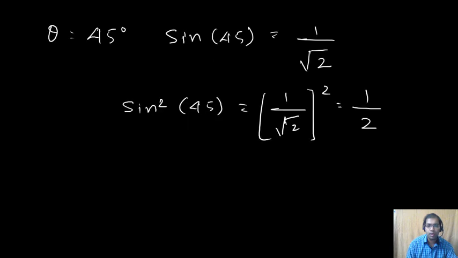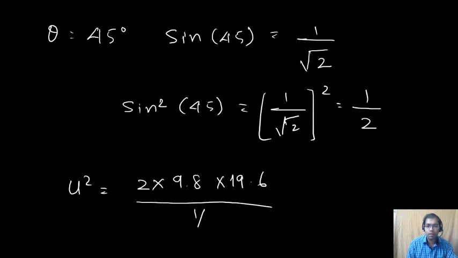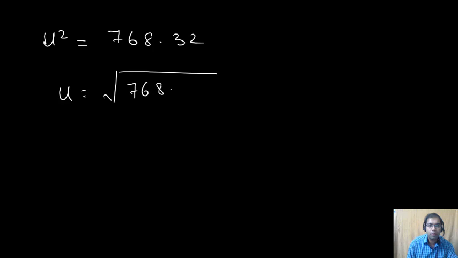Let us substitute. So I have u square is equal to 2 times 9.8 into 19.6 divided by 1 by 2, which is 2 times 2 into 9.8 into 19.6. So our u square will be equal to 768.32, or u is going to be square root of 768.32, which will give me a value of 27.70 meter per second.